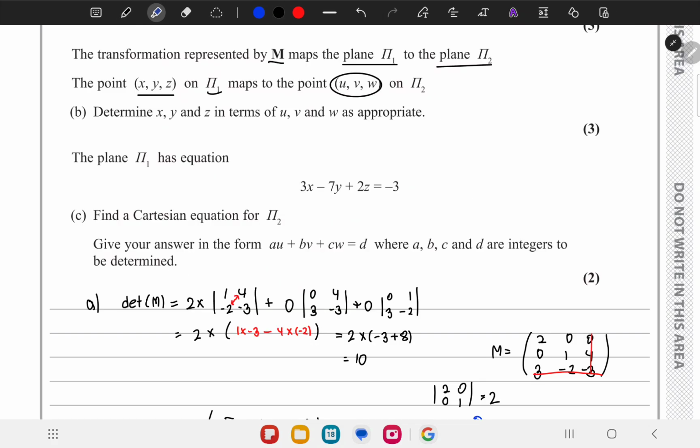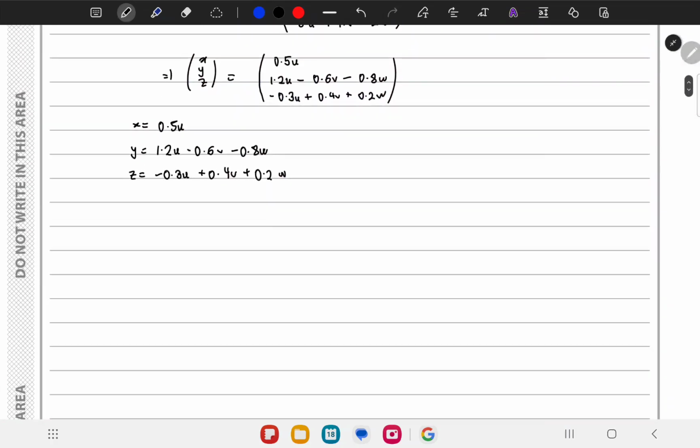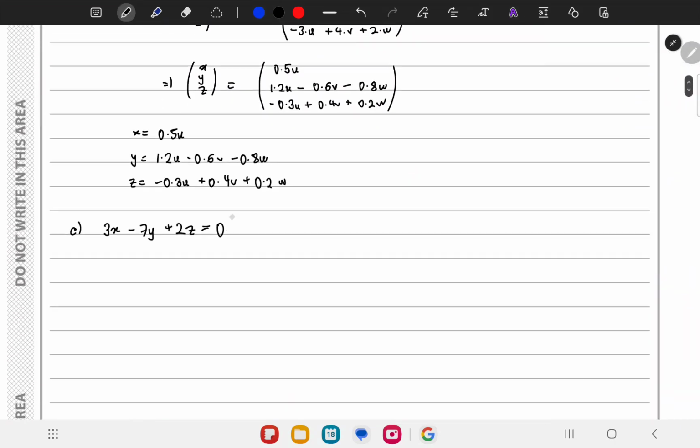Now in the last question we are given the equation of plane pi 1, and we need to find the Cartesian equation for plane pi 2. So the equation is 3x minus 7y plus 2z equals, sorry, it's equal to minus 3.